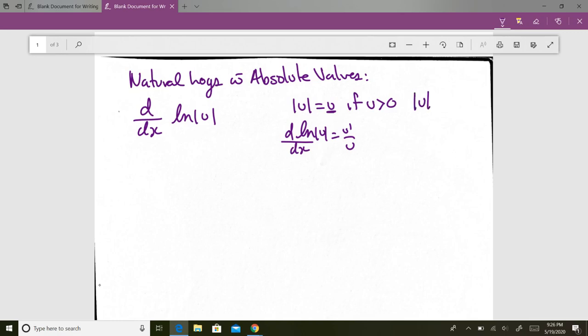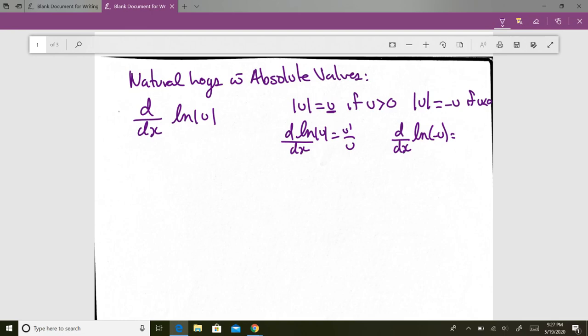The absolute value of u is equal to negative u if u is less than 0. In other words, if I put negative 1 in here, that's the same as negative of negative 1, which gives me positive 1. Okay? So that means I'm doing the derivative of the natural log of negative u.